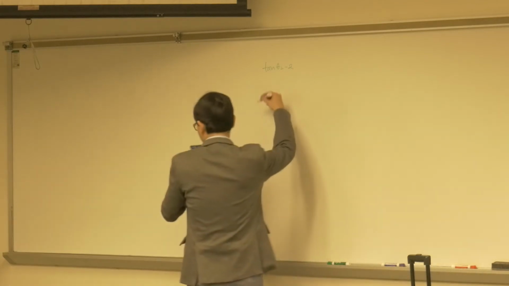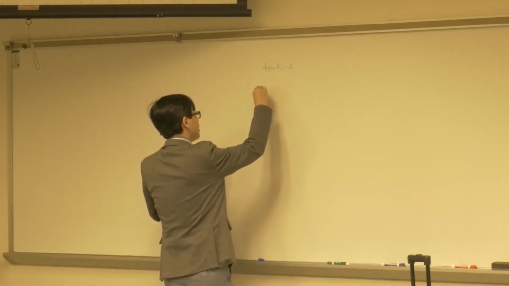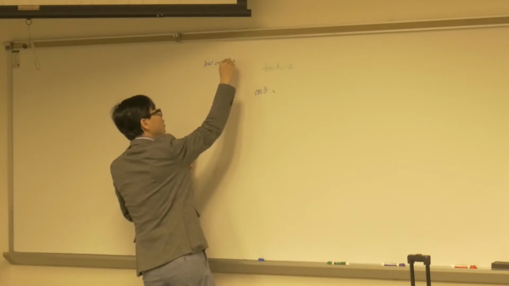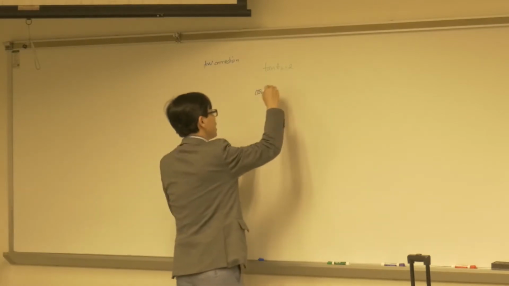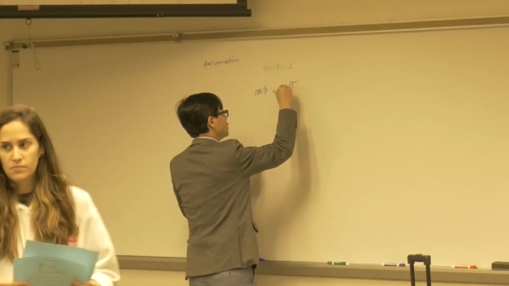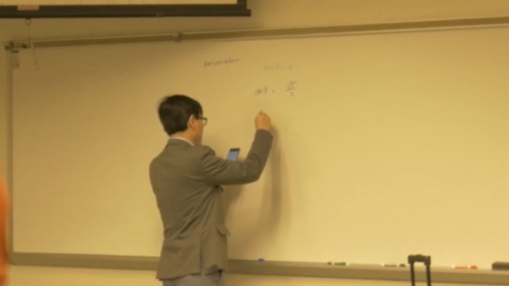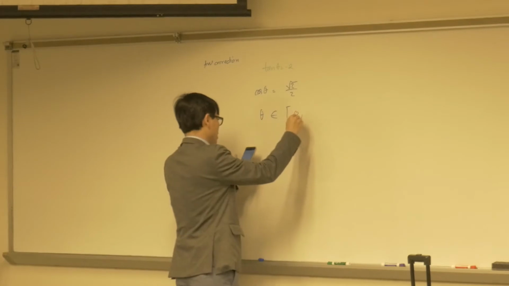So they give you cosine of theta. Correction. They give you cosine of theta equal to square root of 2 over 2. And they ask you to find the theta, and that theta must be in the interval between 0 and 360.